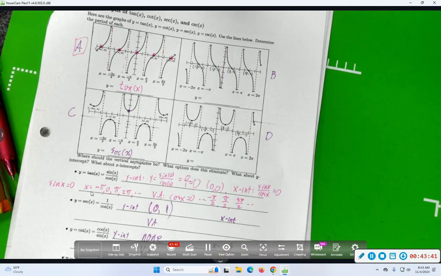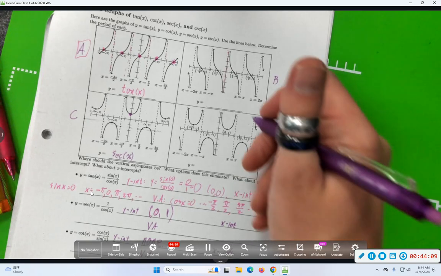So either x-intercepts or vertical asymptotes. How about x-intercepts? There are none. Is that enough information to figure out which one?